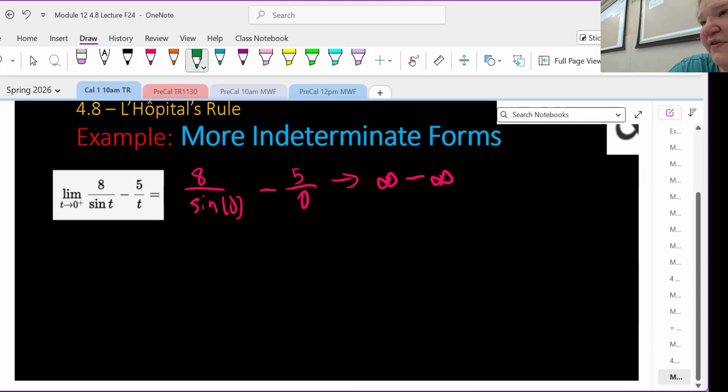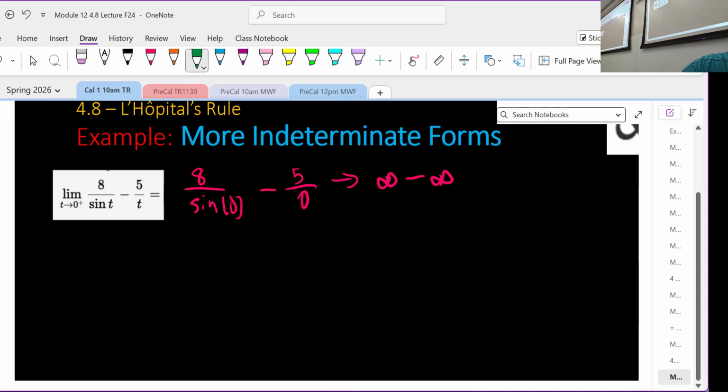If we had plus infinity, it's just infinity, we're done. But the minus is what makes it problematic here. Looking at it symbolically, it looks like 0, but it depends on which infinity is bigger. So we could get infinity, we could get 0, we could get a constant, we could get negative infinity. All of those are reasonable answers depending on which infinity is bigger.